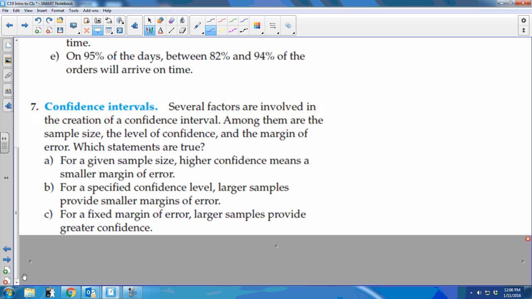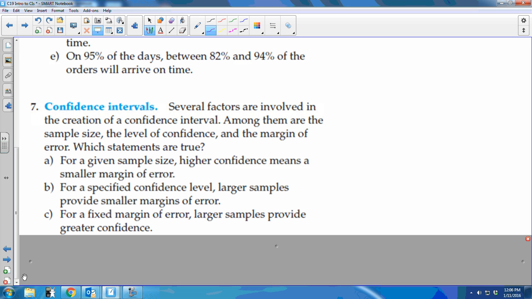We just talked about as the sample size increases, your variability decreases, right? So that means that the larger the sample, if your margin of error is staying the same, then you are getting more confident. Right? You're getting closer to what's happening in the actual population. So you are getting more confident about what's happening. If that doesn't make as much sense, tomorrow when we do the formulas for margin of error and stuff, I'll show it to you. Okay?